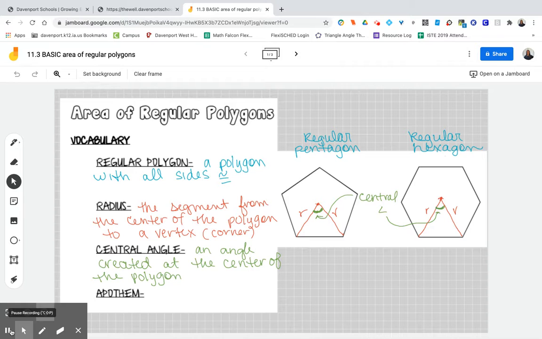All right, and then our final vocab word is the apothem, and the apothem is going to be this segment from the center to the side of the polygon. So if you go here to the center of your polygon and you drop this apothem down here, it's going to form a right angle with the side of your polygon.